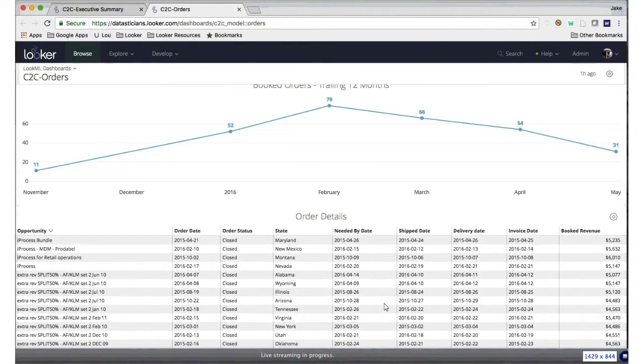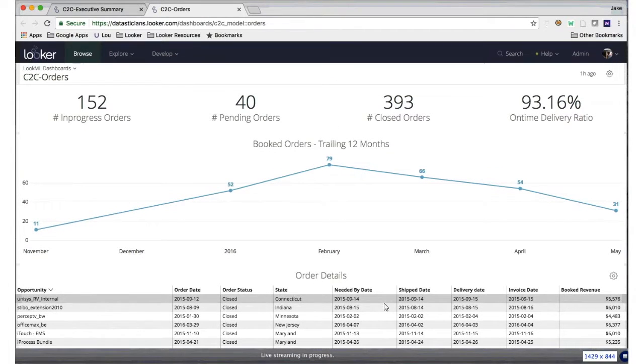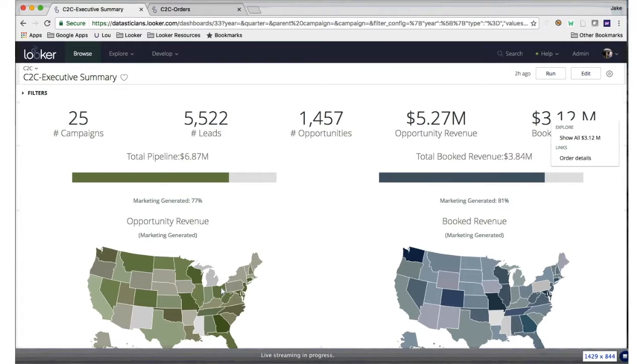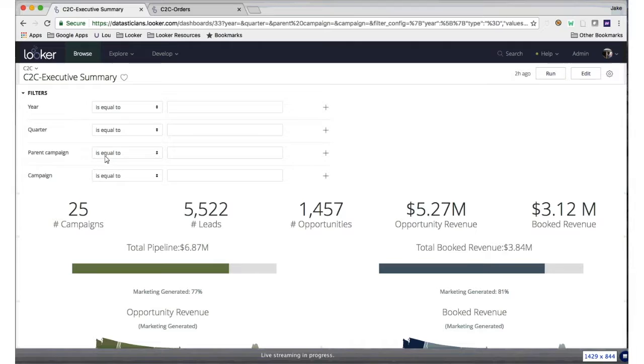So throughout, you see this pattern of within each level, leads, opportunities, orders, being able to see the whole funnel within each category, and then also we have the executive summary. And the way this has been set up is really nice because they're each filterable to be looked at in terms of what the campaign is, what the parent campaign is.